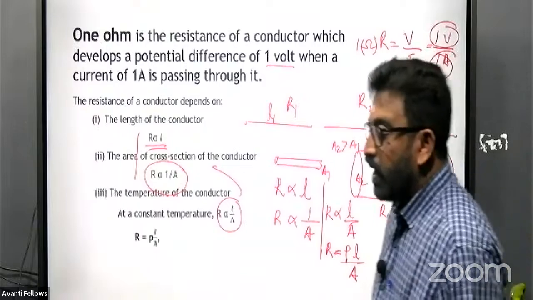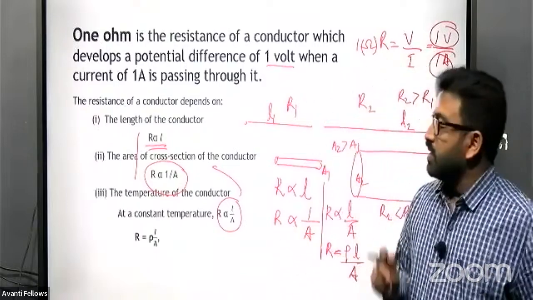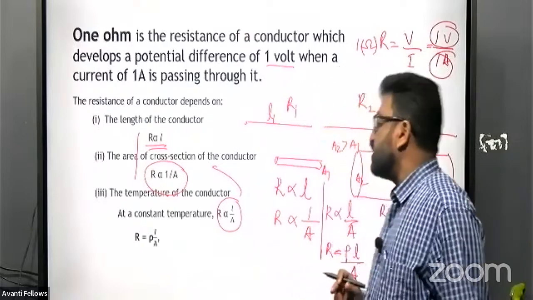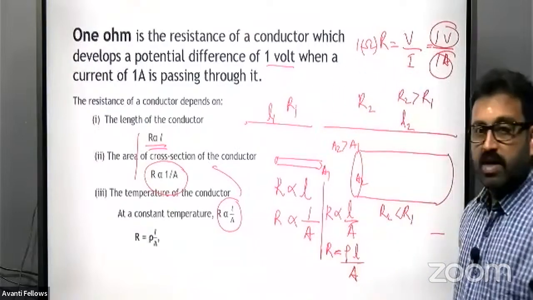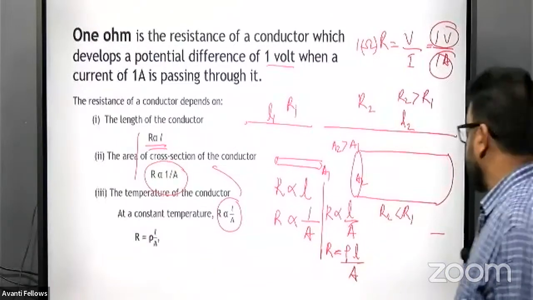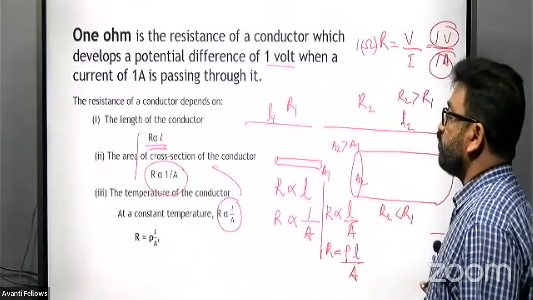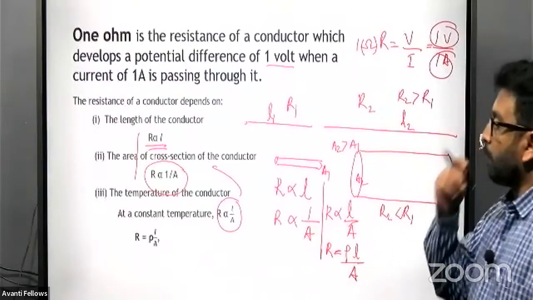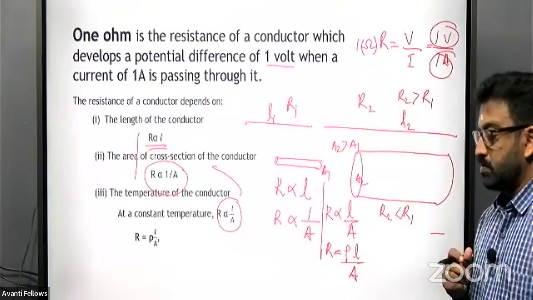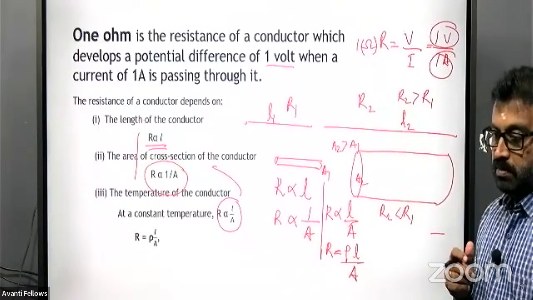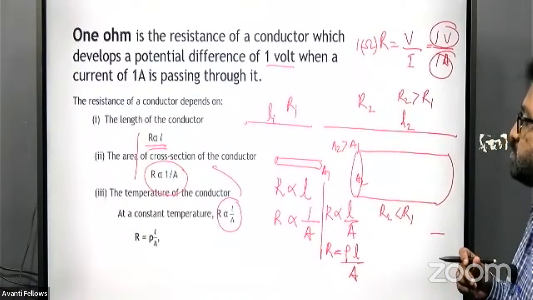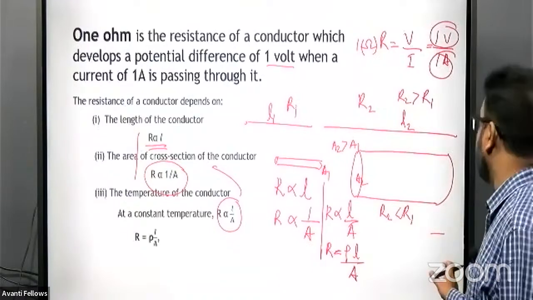So remember, R is directly proportional to length, inversely proportional to area of cross section, directly proportional to temperature, and R equals rho, the resistivity, multiplied by length upon area. I think it is clear.